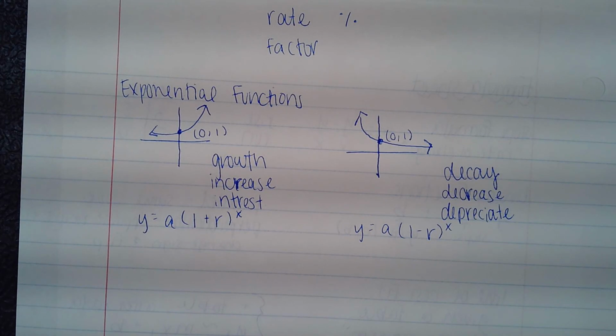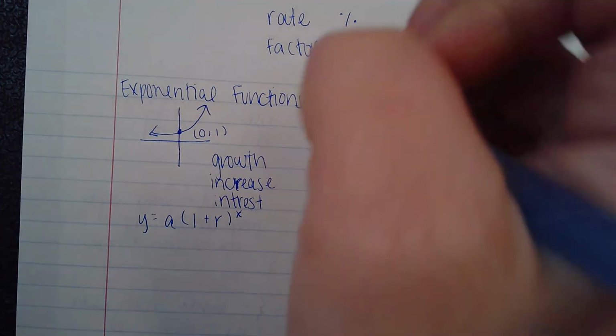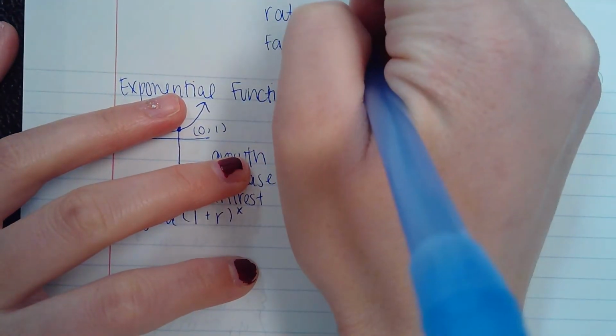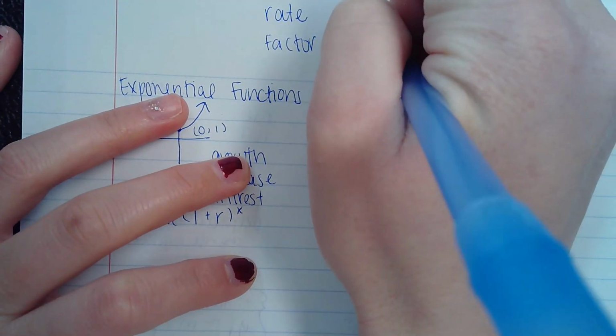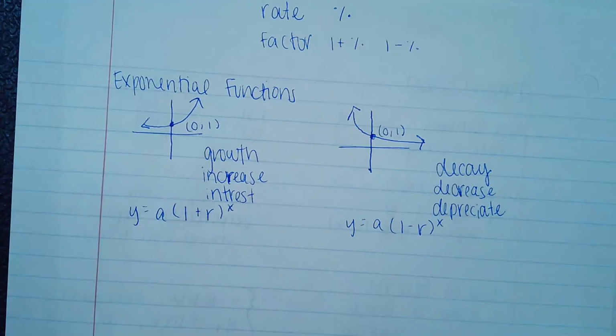Not just the percent, but what? So we do 1 plus the percent or 1 minus the percent. So it's that whole b value, that whole number inside parentheses. So I'm going to write 1 plus the percent or 1 minus the percent, just depending if it's growth or decay.